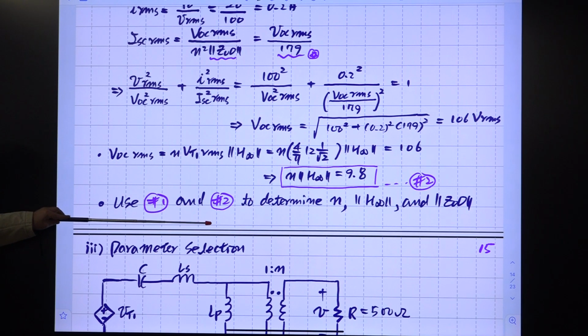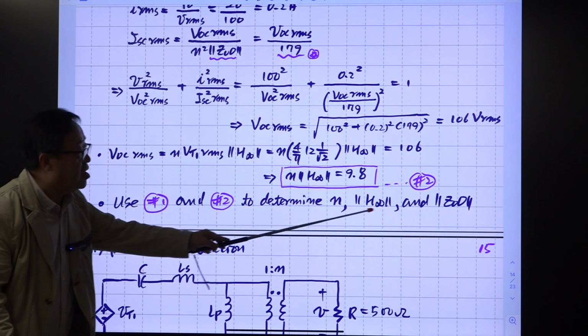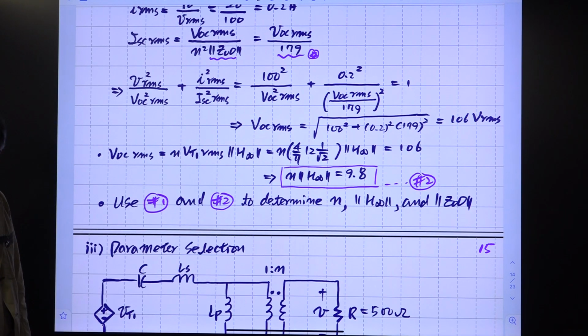With these 2 equations, we can determine all the remaining parameters systematically. So to determine, use this one to determine 3 things, right? So we need one additional engineering judgment, engineering insight to determine the turns ratio N, right? So parameter selection.